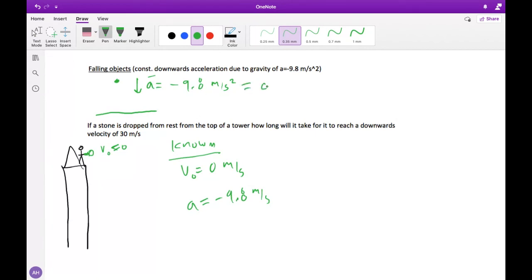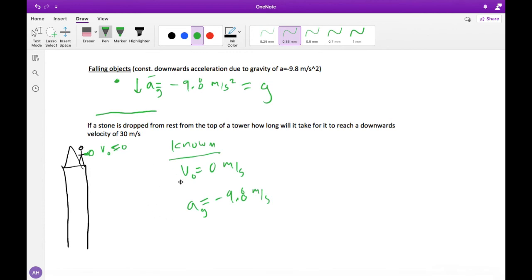Some people call this g, because this is the acceleration due to gravity. So instead of a, some people like to call it g. These two are interchangeable, or it might be a sub g to be more specific. So the acceleration due to gravity is negative 9.8.